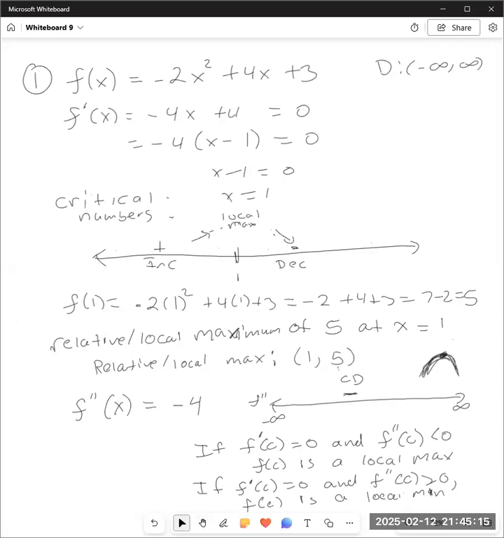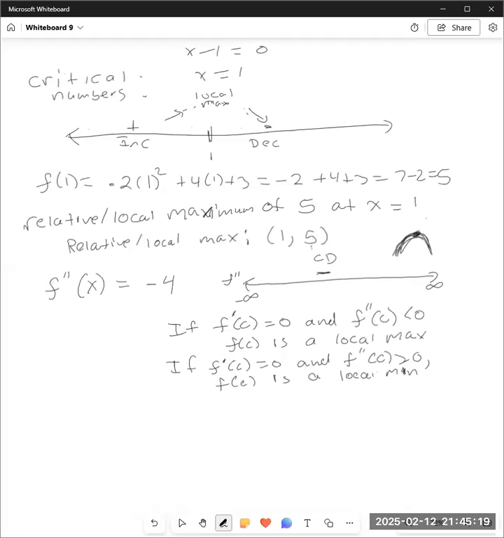If f prime of c equals 0 and f double prime of c equals 0, the second derivative test fails.